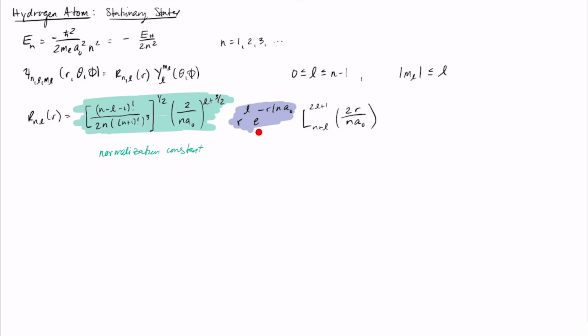What this term does together, so this is r to the L and e to the minus r, is take care of the asymptotic behavior. So this tells you what will happen as r approaches 0, and also what happens as r approaches infinity. And so the overall gross behavior of the whole term is determined here, but the detailed behavior will be determined by the next term.